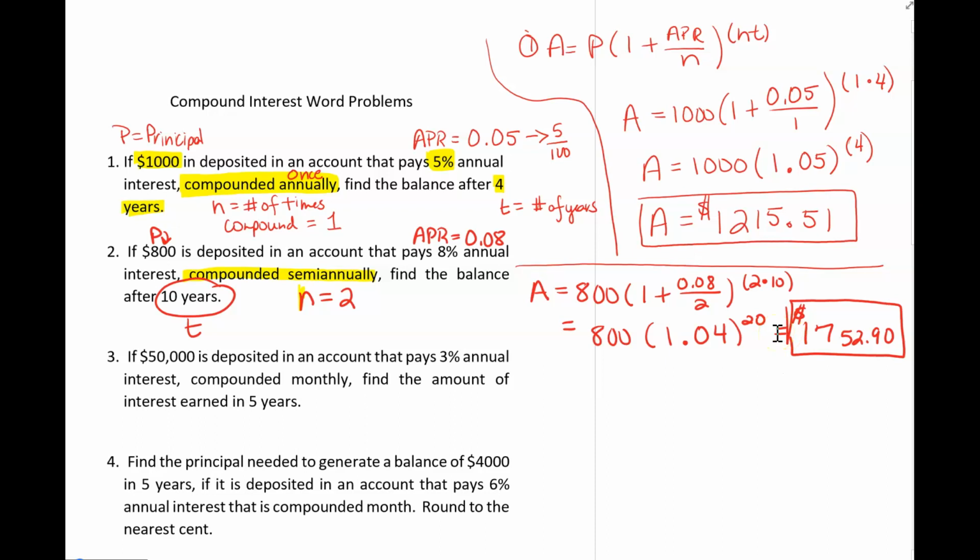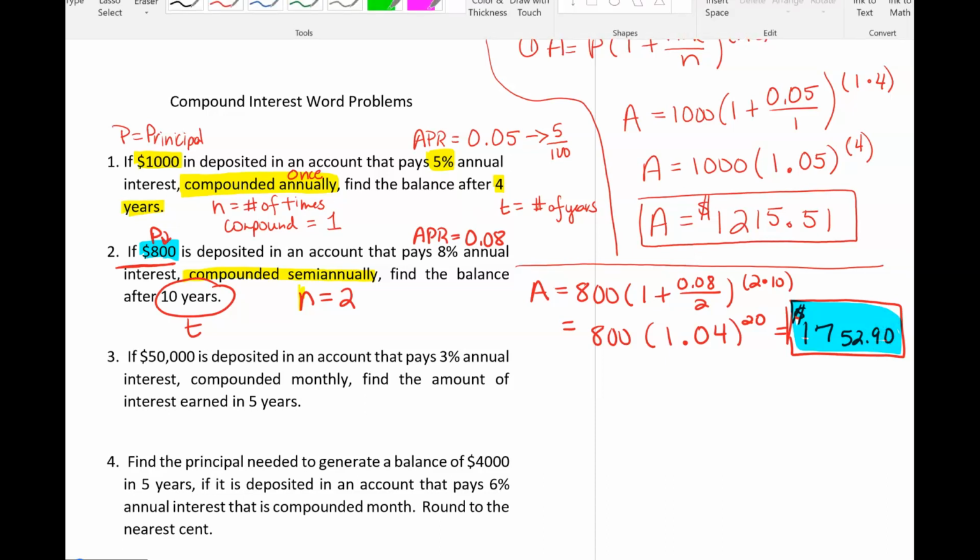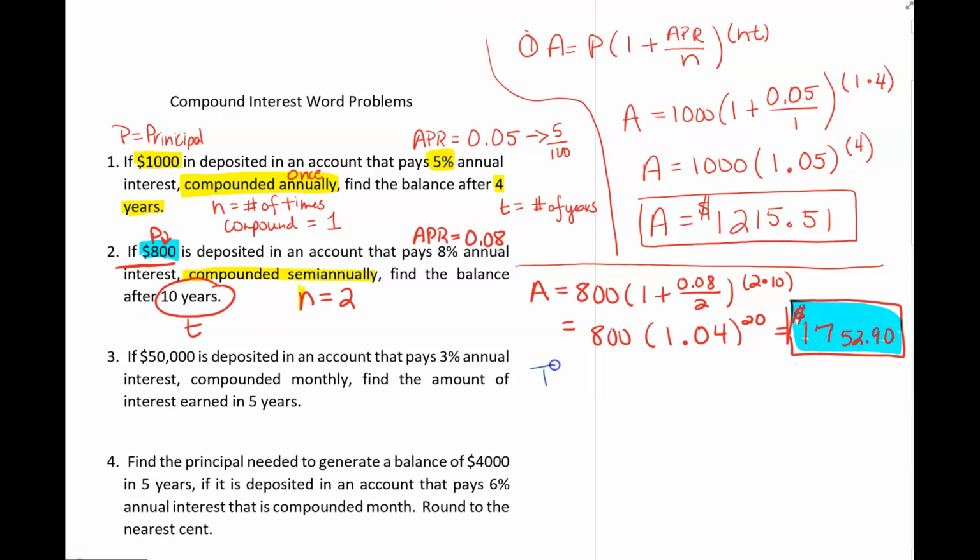So if you think about it, if we deposited $800, but now we have $1,700, and we haven't personally put any more into the account, then the total interest is going to be the balance, the ending balance, or the amount in the account, minus the principal.